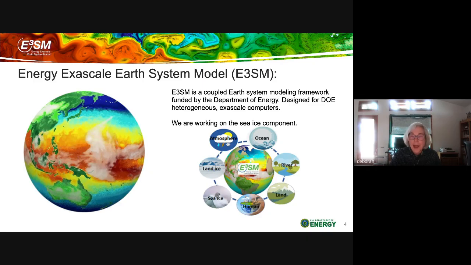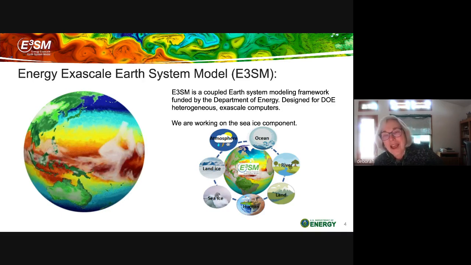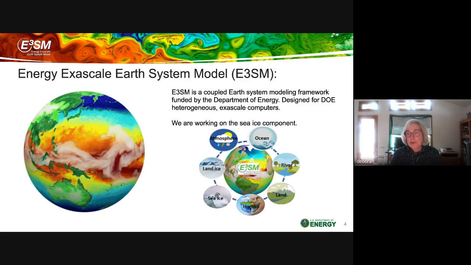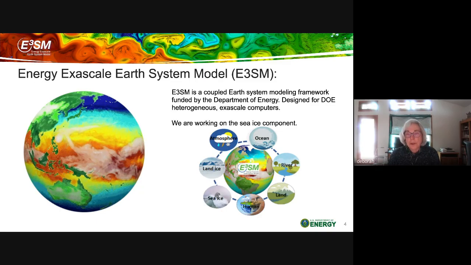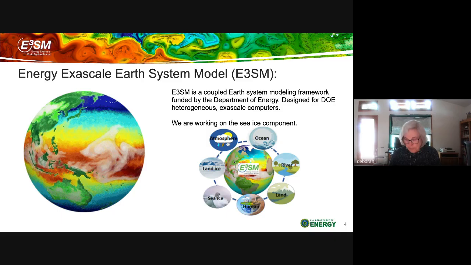And so what I'm looking at is the sea ice component and then a small piece of the sea ice component. What we're hoping to do is increase the fidelity of the sea ice model, and hopefully through its coupling to these other components, because these are all coupled together in large scale runs, that we improve predictions overall.